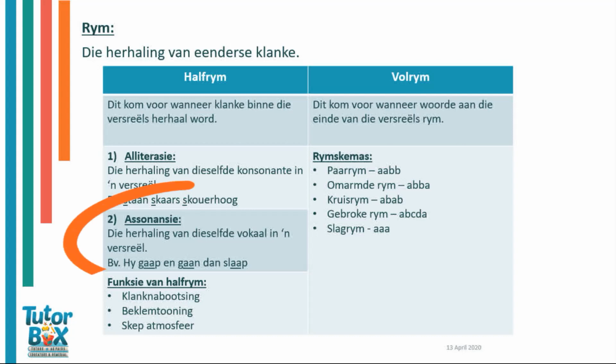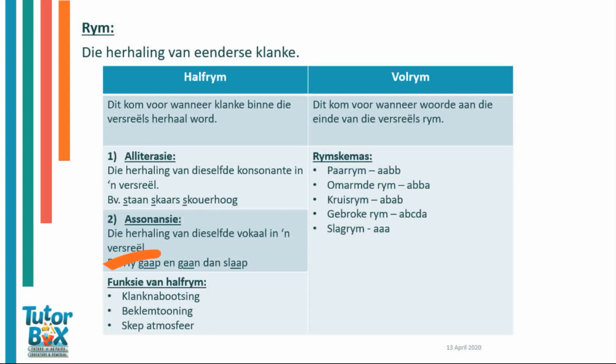Then number 2 is assonansie, die herhaling van dieselfde vokaal in 'n versreël. So this is the repetition of the same vowel inside of the versreël. Hy gaap en gaan dan slaap. A, a, a. Do you see it's the repetition of the A?